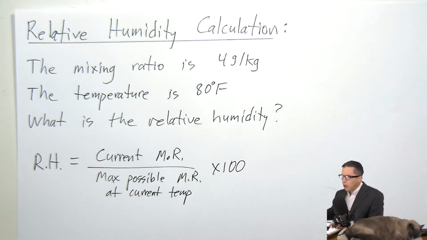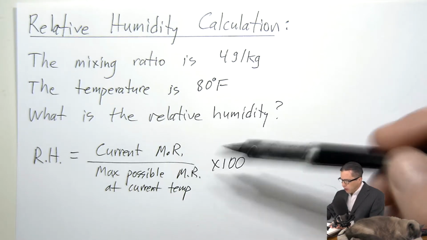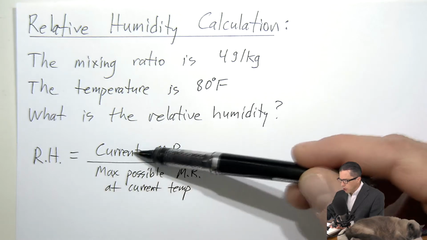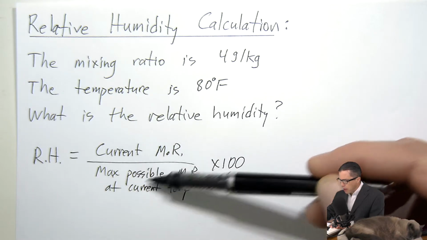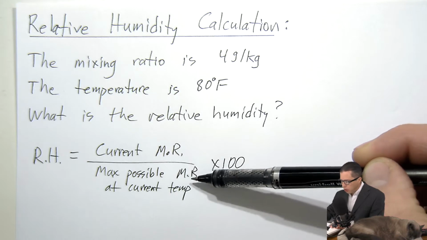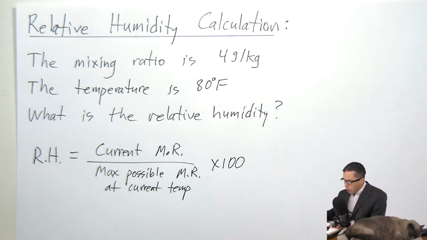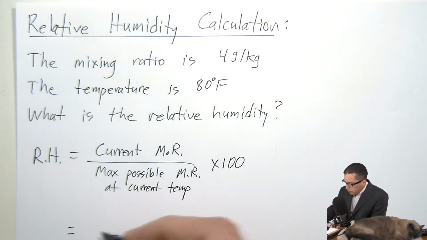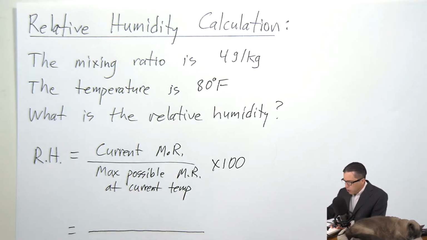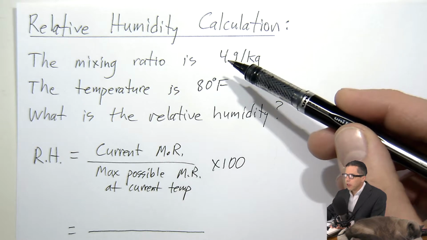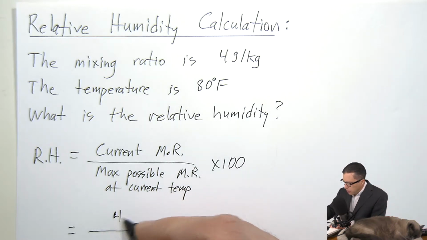The first thing I do is write out the definition of relative humidity. It's the current mixing ratio divided by the maximum possible mixing ratio at the current temperature, times 100. Okay, so what do we know? The current mixing ratio is given to us. That's 4 grams per kilogram, so I can put that in on the top.